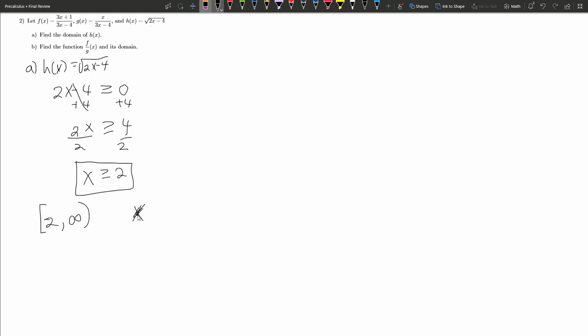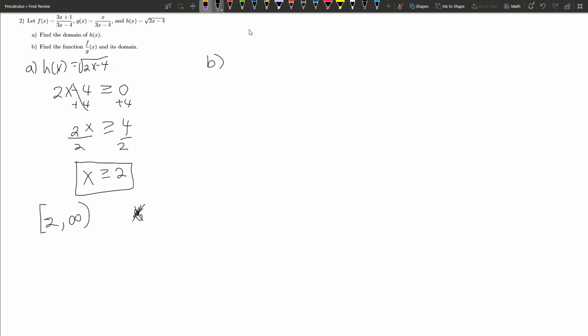All right, whatever. Let's do B. So B is find a function and its domain. Okay, so let's focus on finding the function. This just means f of x over g of x. So let's write f of x on top, and you can see f of x is this entire thing here.